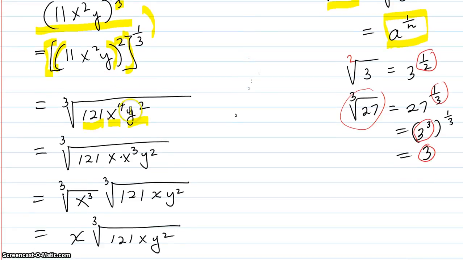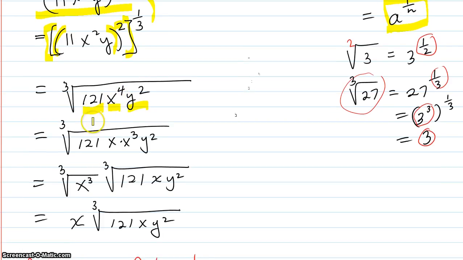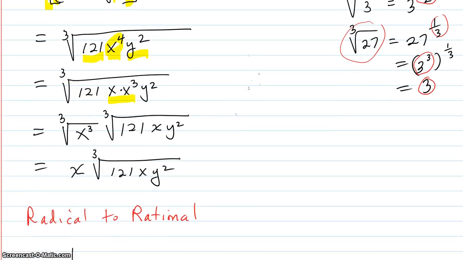And then I realized sometimes it comes up that you have an x to the 4th in here, which can be simplified outside the radical. What you do is you write x to the 4th as x times x to the 3rd, so that the cube root of x to the 3rd will come out perfect. So then you rewrite using the radical rules.